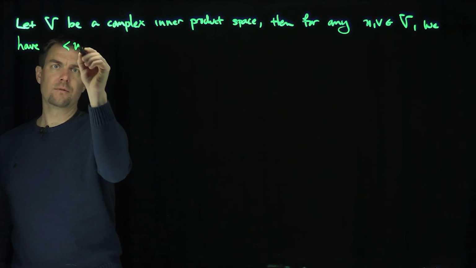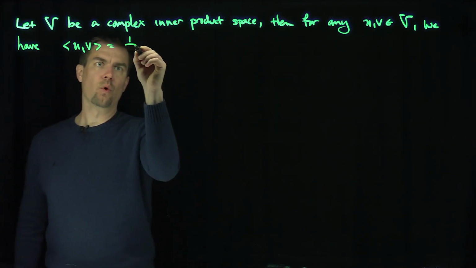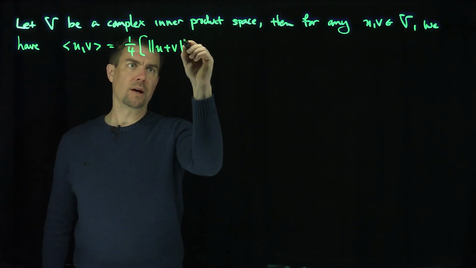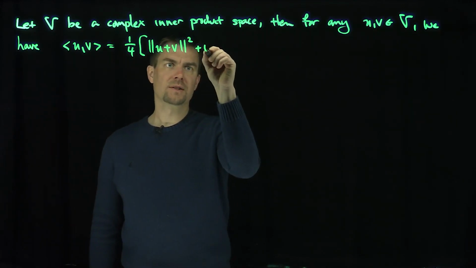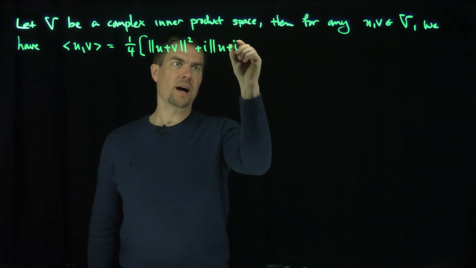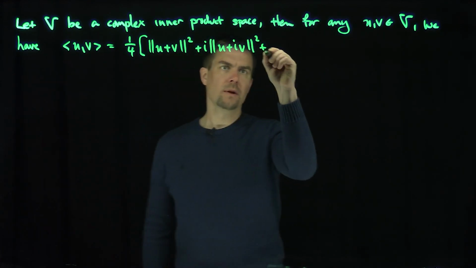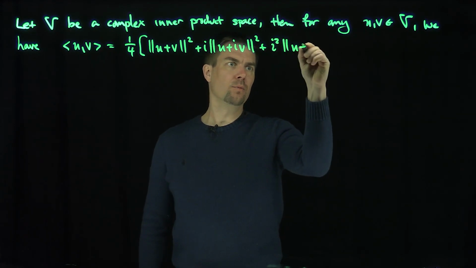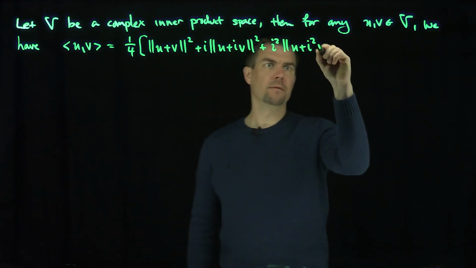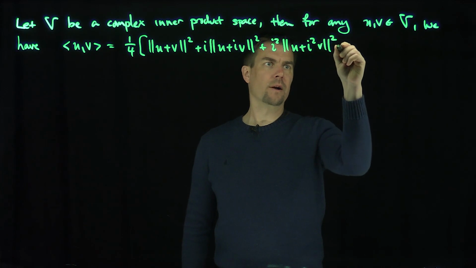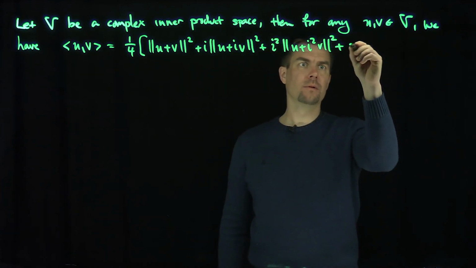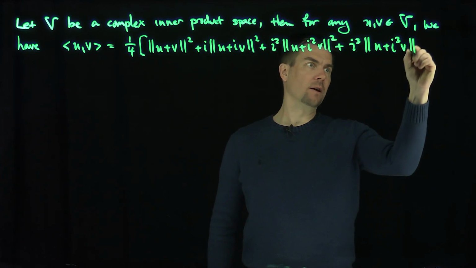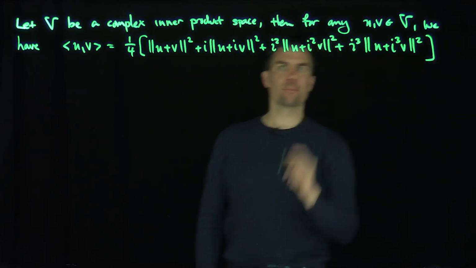that the inner product of U and V is 1/4 of the norm squared of U plus V, plus the norm squared of U plus iV, plus the norm squared of U plus i squared V, plus the norm squared of U plus i cubed V. That's the polarization identity.